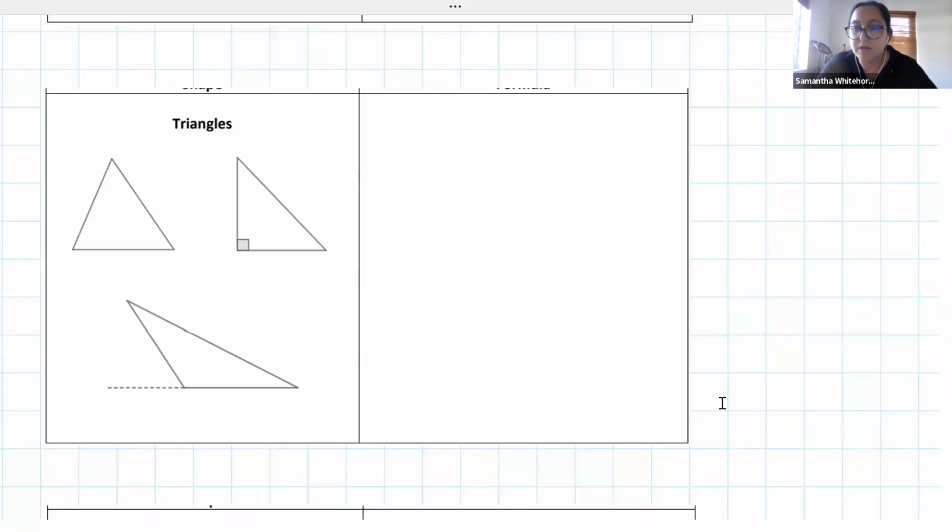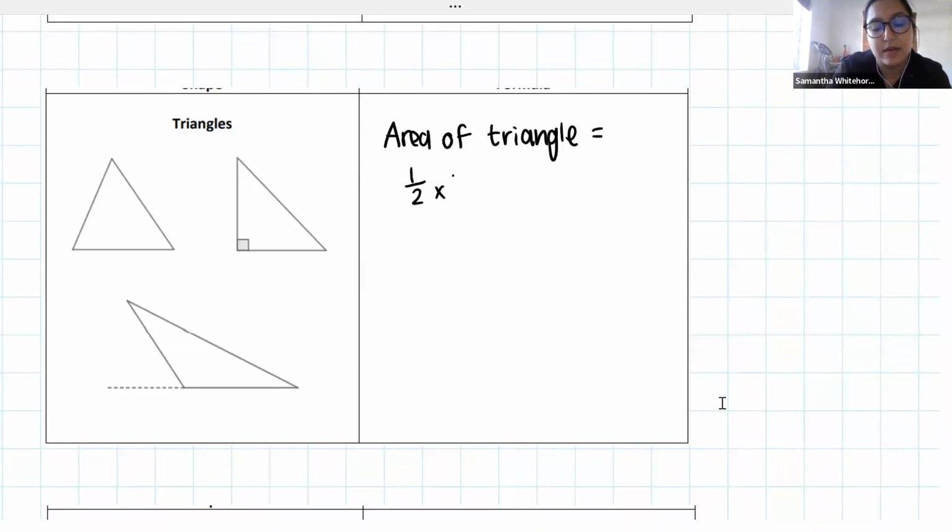Right, those of you answering my question of how do we work out the area of a triangle, spot on. I've got a couple of different triangles here just so that we can chat about it. The area of a triangle is exactly as you guys have said: half times the base length times, and I'm just going to be a little bit specific here, the perpendicular height.